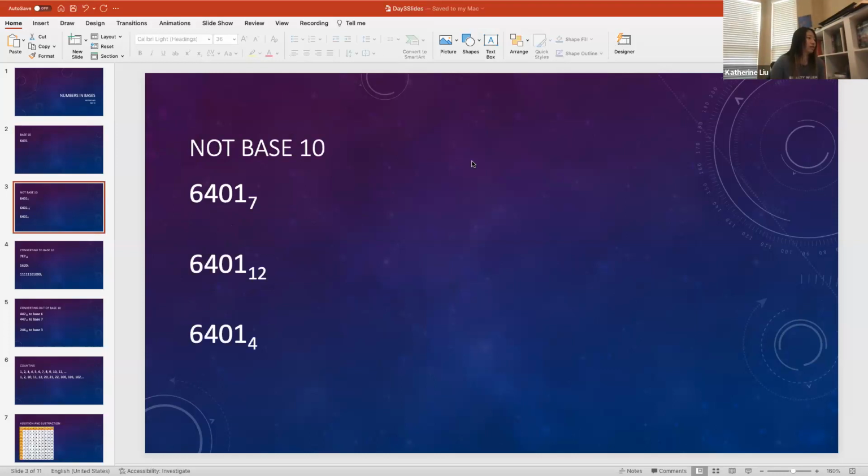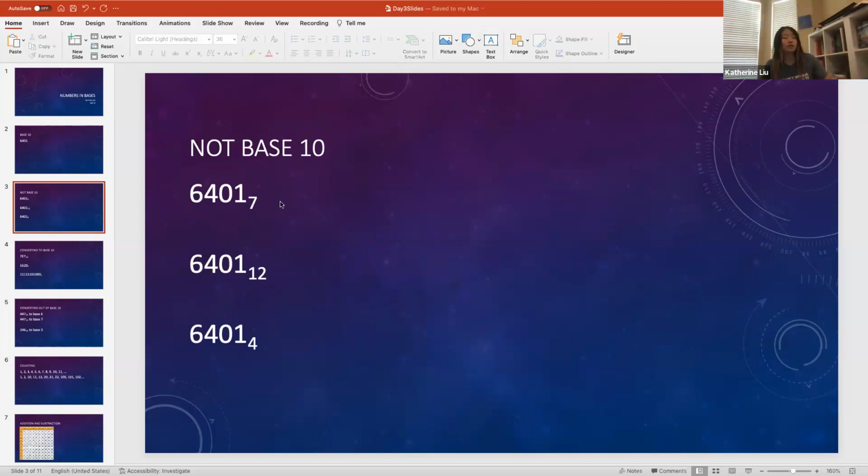So you can see that these numbers, even though they're still 6401, they're not base 10 anymore, right? Because you know that there's a little subscript now, which tells you what base it's actually in.